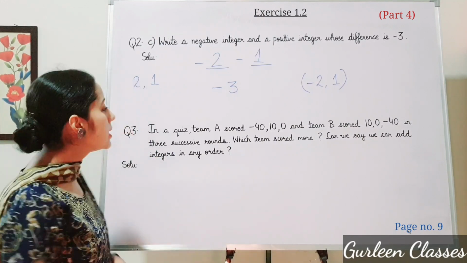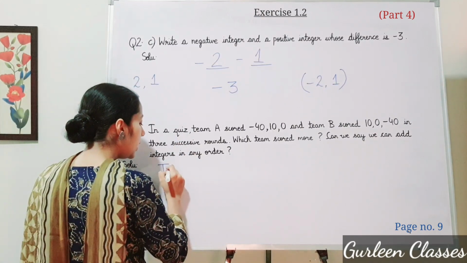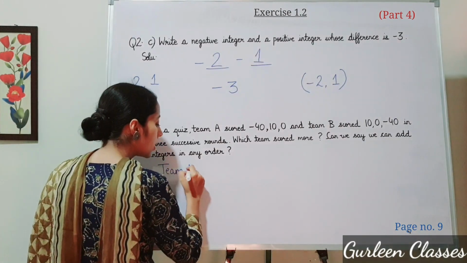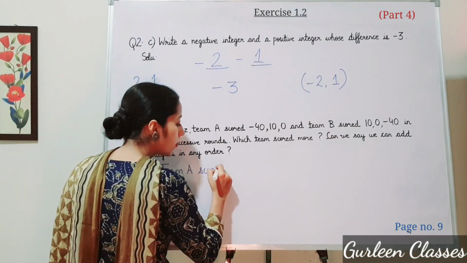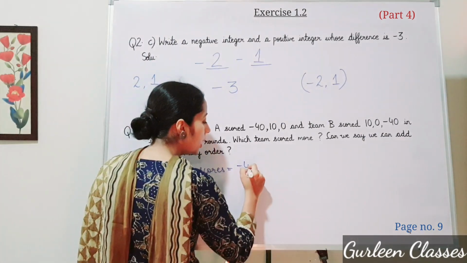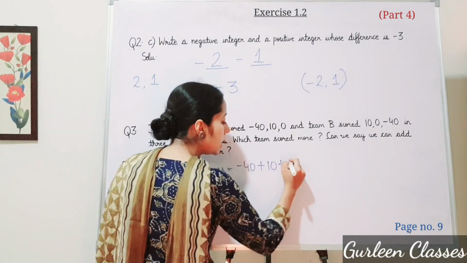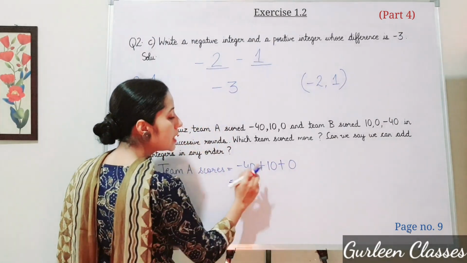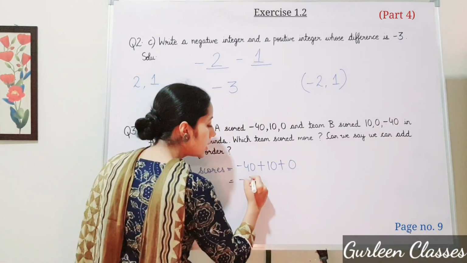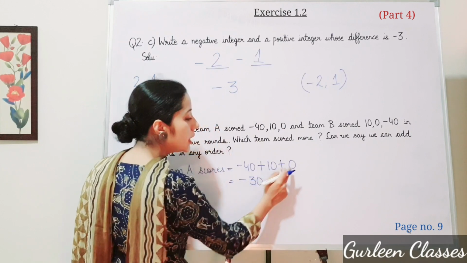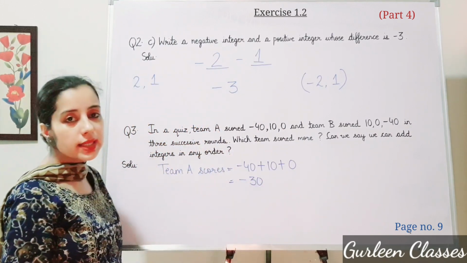So first part is Team A. Team A scores how much? -40 plus 10 plus 0. So minus plus plus, that will be -30. -30 plus 0, the answer will be -30.